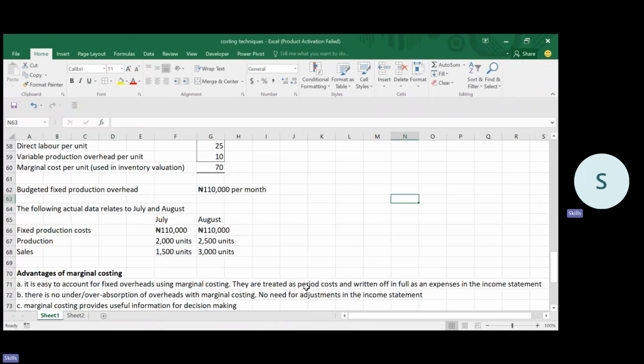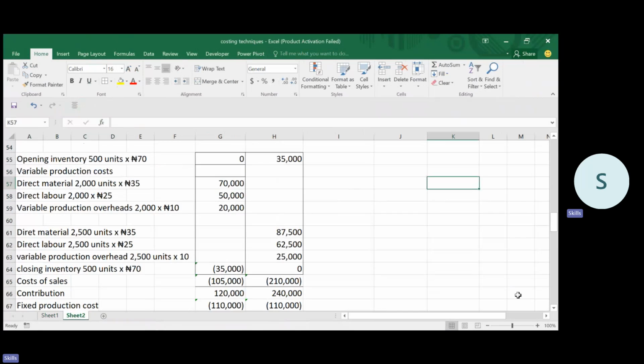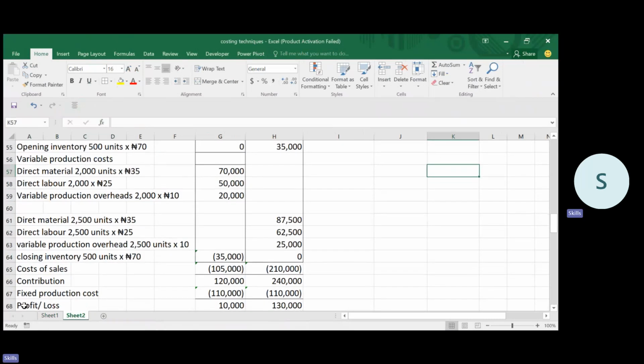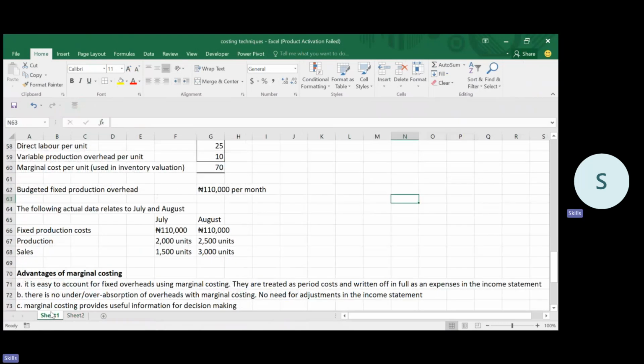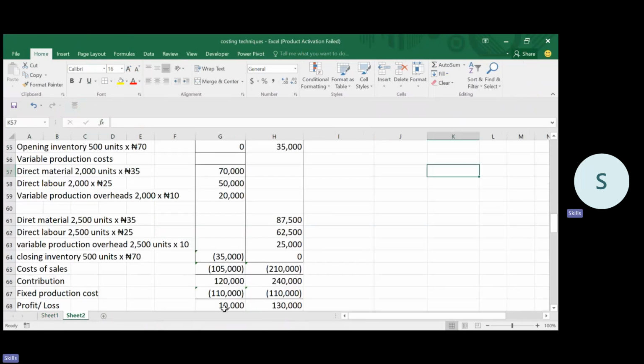They are treated as period costs and written off in full as an expense in the income statement. Just like what we did here. Look at the fixed overhead. We expense it for each period. For September, we expense it. For August, we expense it.